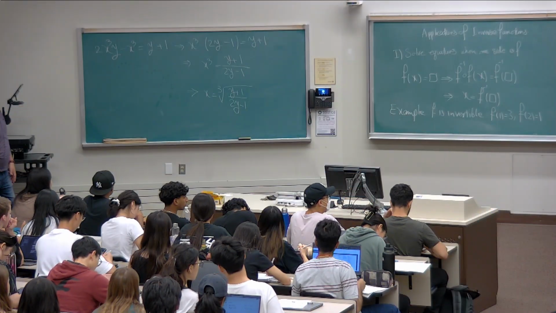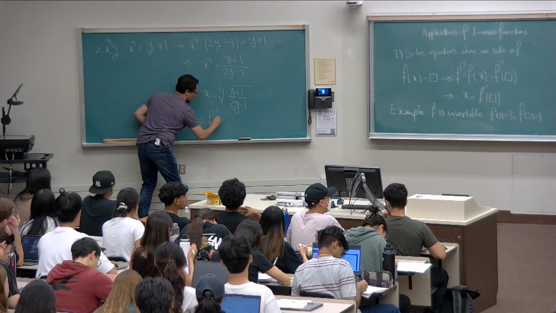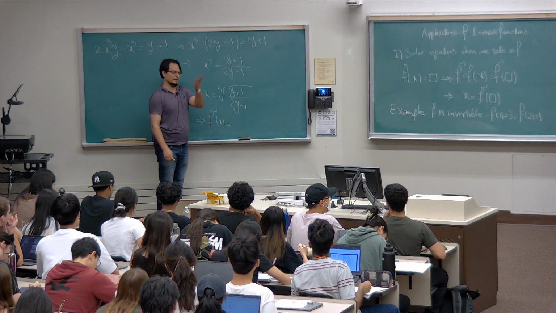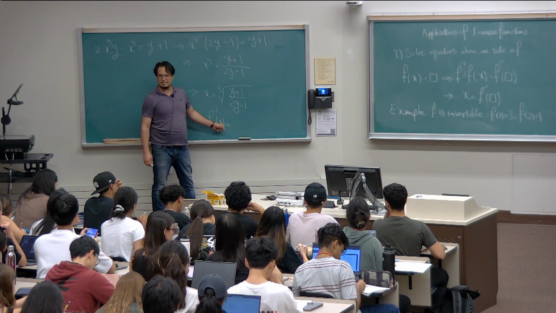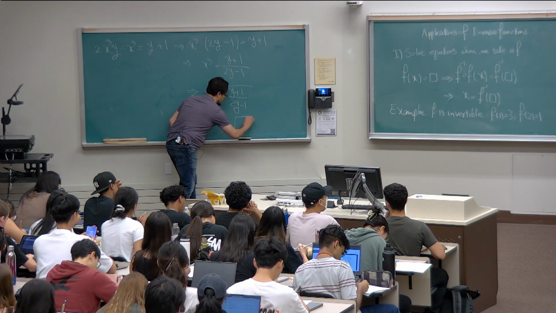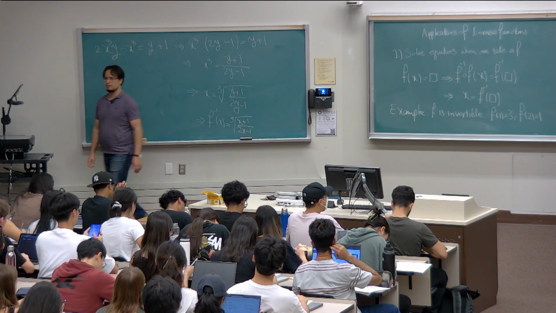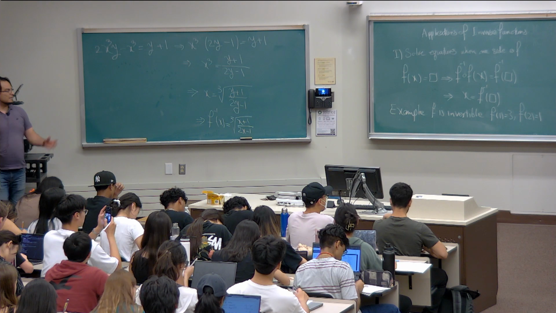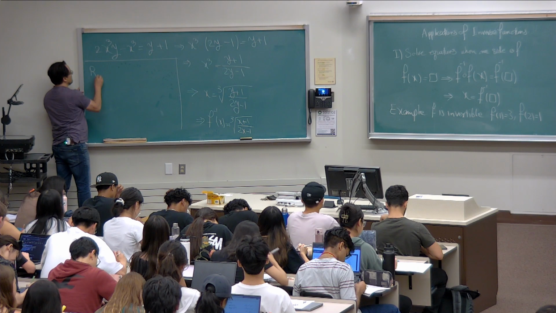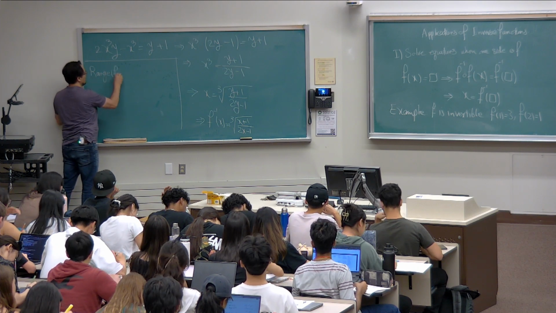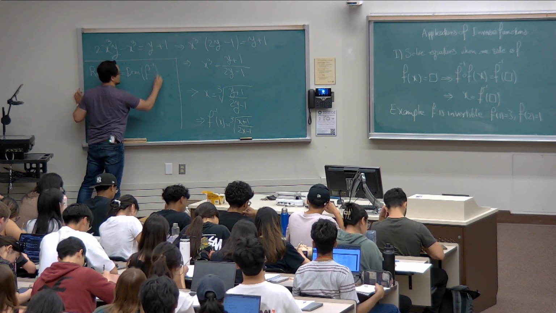Well, you like to write F inverse of x, replacing everything by x. But we discussed last time that mathematically it doesn't really matter if I write x here or y here. So this will be the third root of (x plus 1) over (2x minus 1). Now that I have F inverse, I am looking for the range of F, but I know that is the same thing as the domain of F inverse.